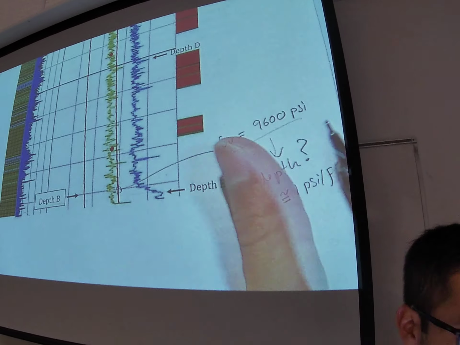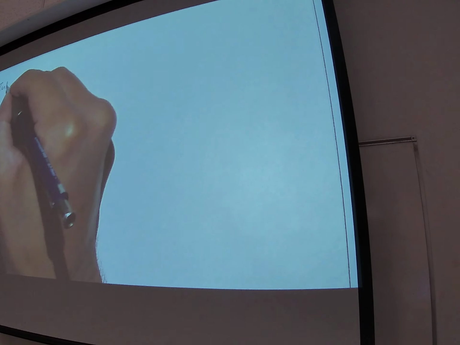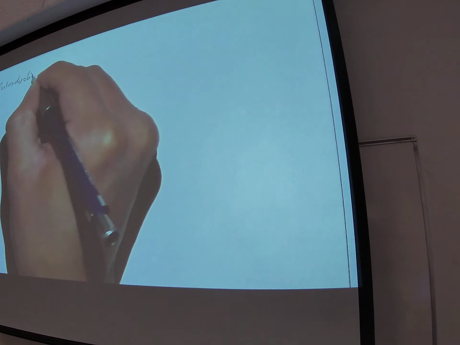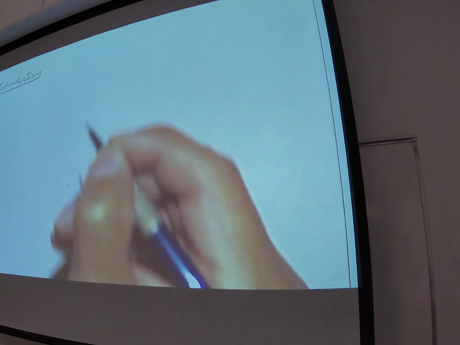Okay, so now that we know in which direction we're going, let's start talking about the tools that we're going to need in order to deal with these problems in a quantitative manner. All right, so the first thing that we're going to do is to understand what stress is.